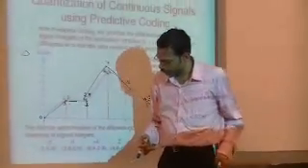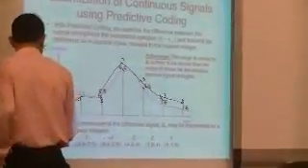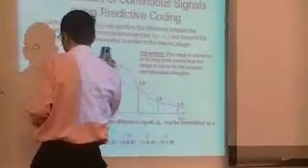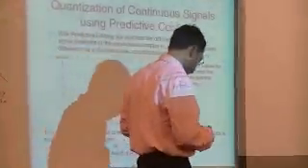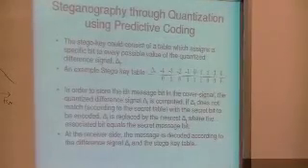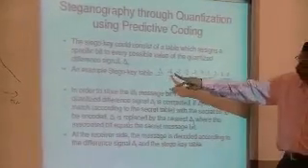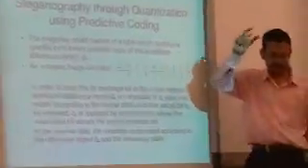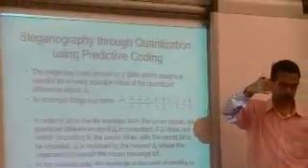Okay. So for that, the sender and receiver have to agree on a table that maps those delta values that you get. So we have to have a range of delta values, the difference in the signal strength between the current sample and the previous sample.